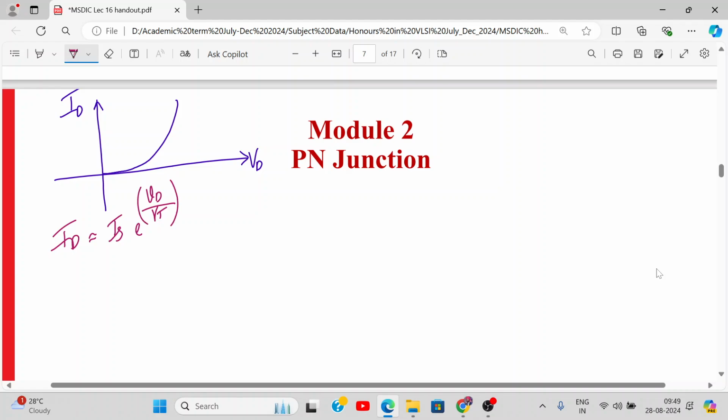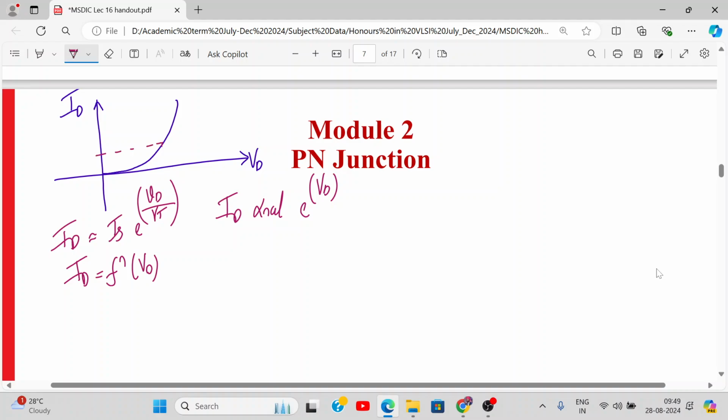It's exponentially related. So basically ID is a function of VD, or we can say ID is directly proportional to e raised to VD. So it's an exponential relation. That means if you change the value of VD by a very small amount, your ID increases to a very large value, as you can see, right?